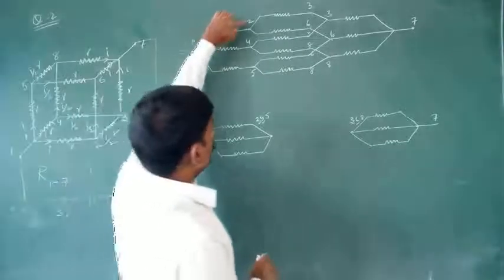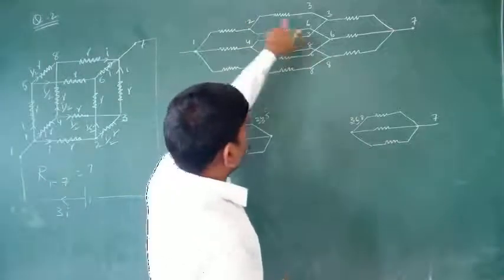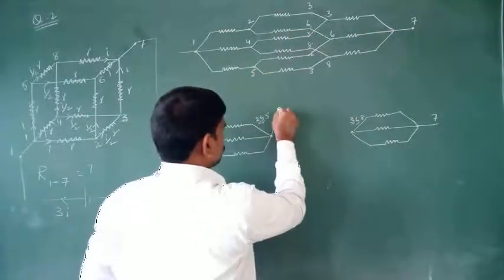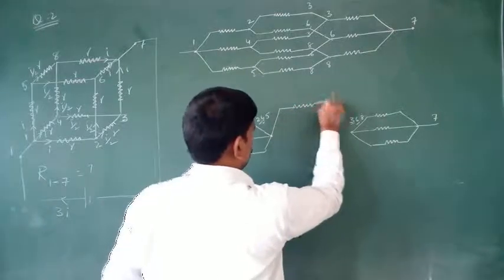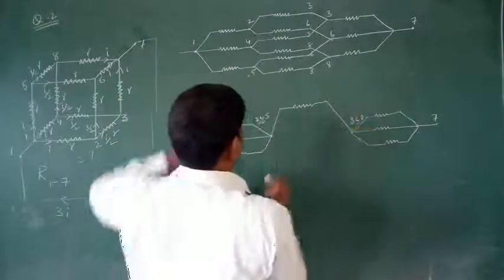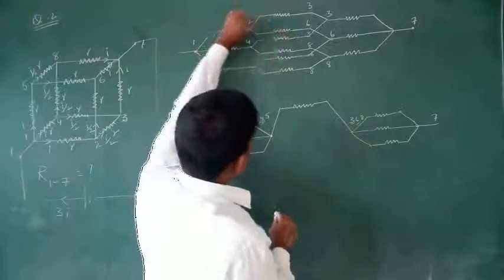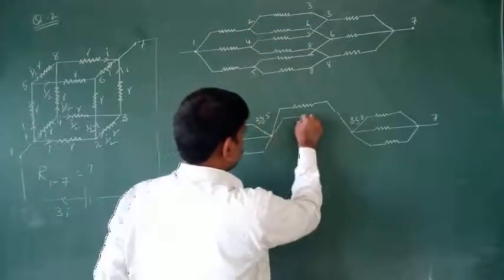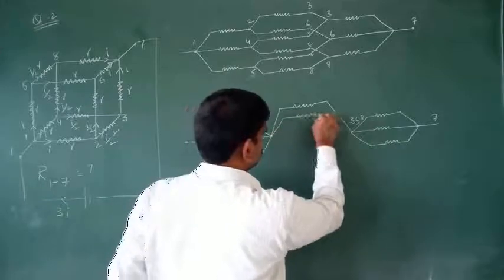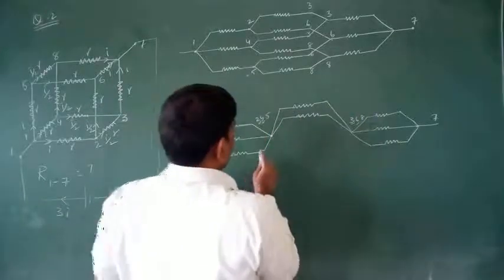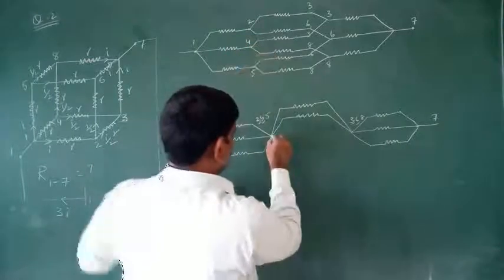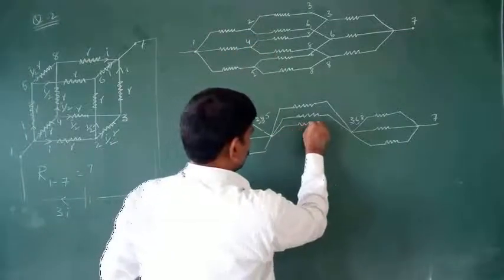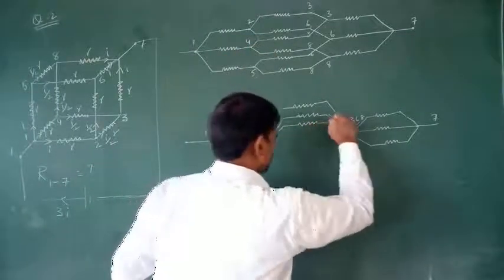Here try to observe. 2 to 3, one resistor is there. Next, 2 to 6, one more resistor. And next one is 4 to 3.